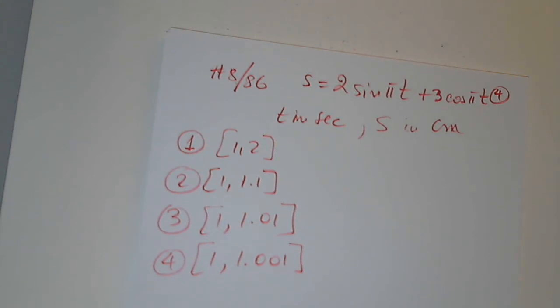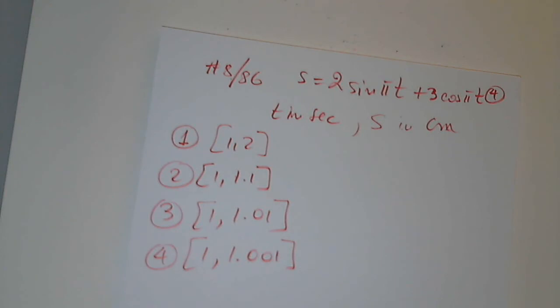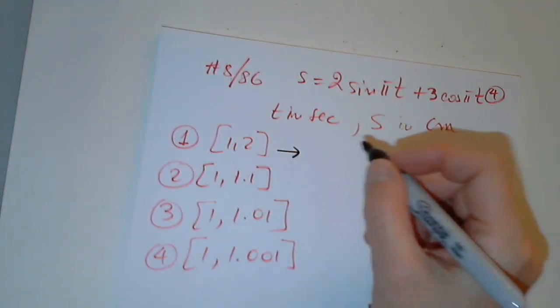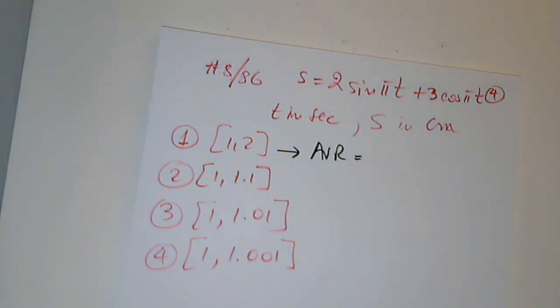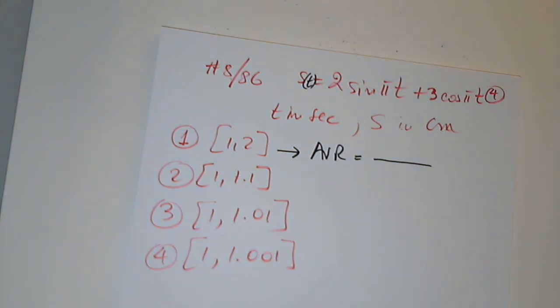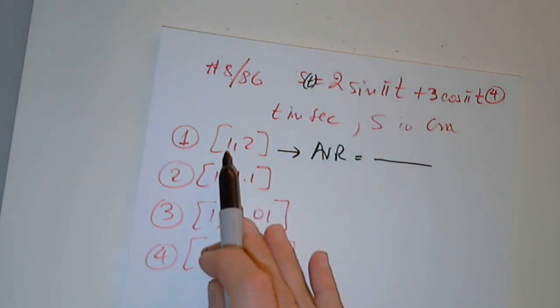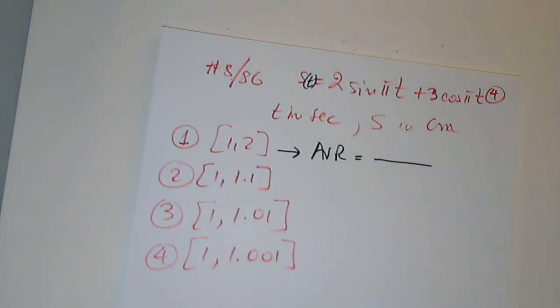So they're asking us to determine the average rate of change for this function between the given points. So for the first one, the average rate will be, I'm going to write it as s of t. They just write s, but it's a function of t, s of t. Can anyone dictate? Just the first one. We have a function, and we want to determine the average rate of change between 2 points.